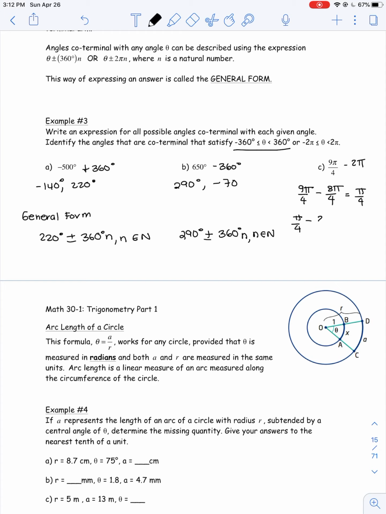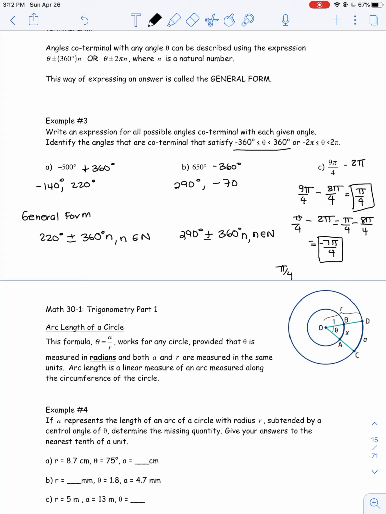And now from π over 4, I'm going to subtract another 2π, so that's π over 4 minus 8π over 4, which gives me negative 7π over 4. Okay, so those are our two coterminal angles that are between negative 2π and positive 2π.